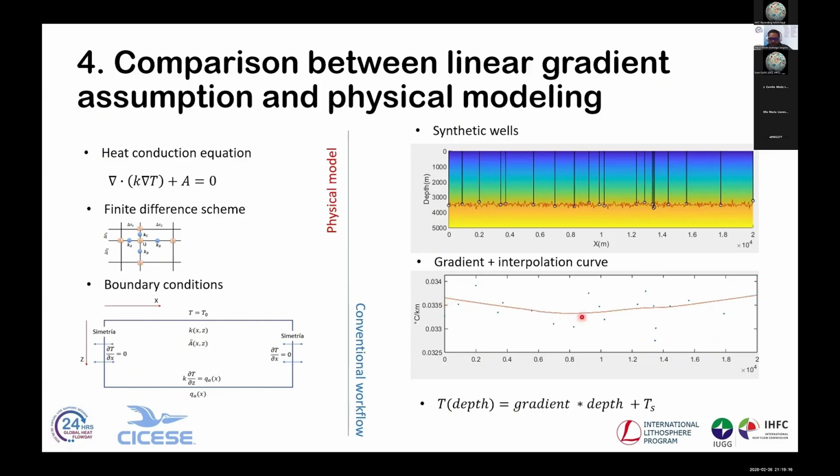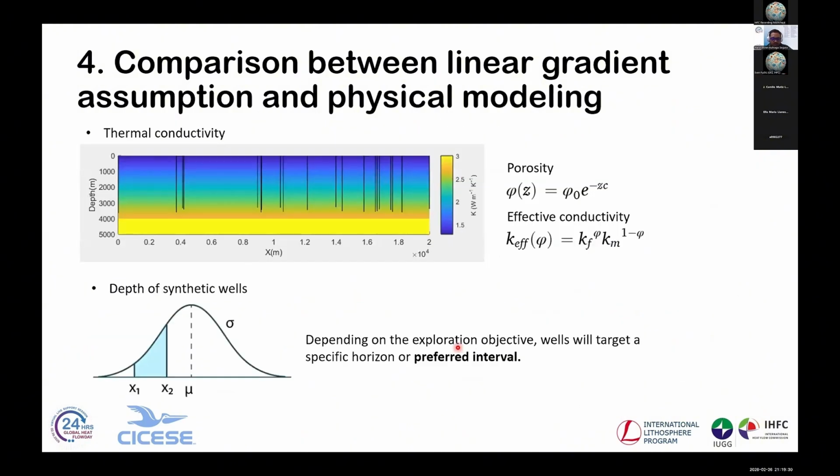Using that geothermal gradient curve and the function that I showed you previously, we calculate temperature again and compare the results of both temperature estimations.